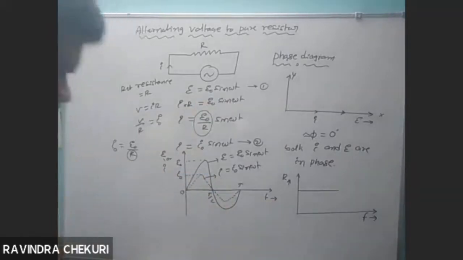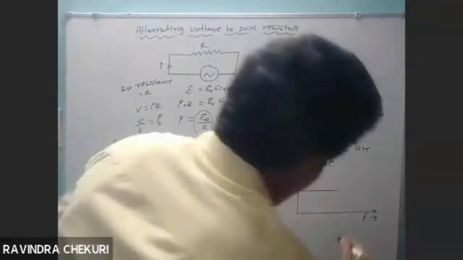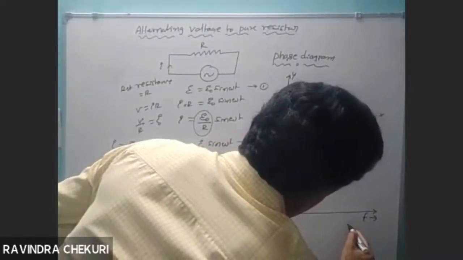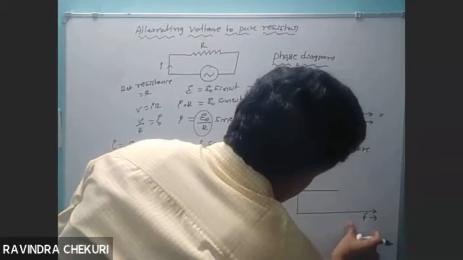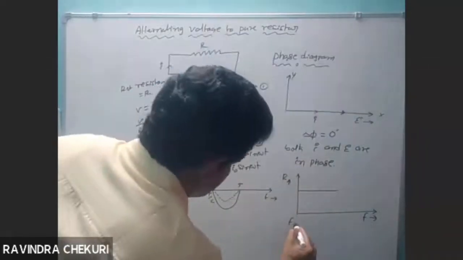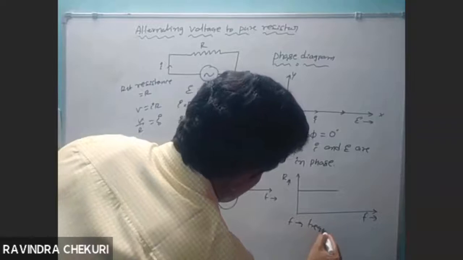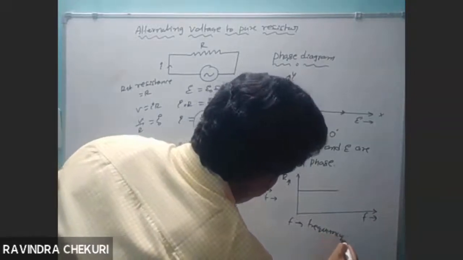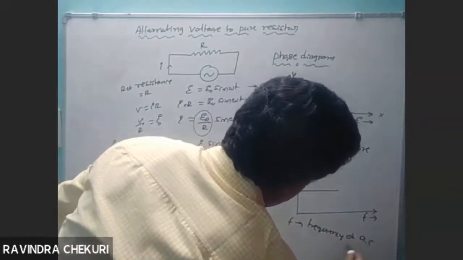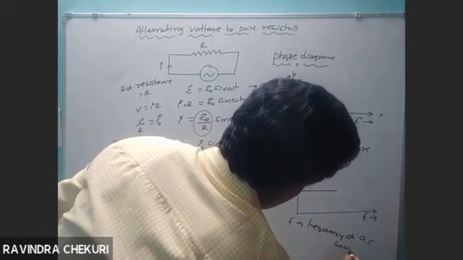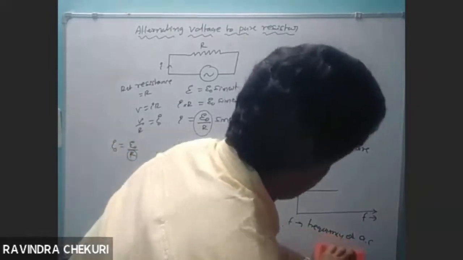So this is the resistance versus frequency of AC source graph.